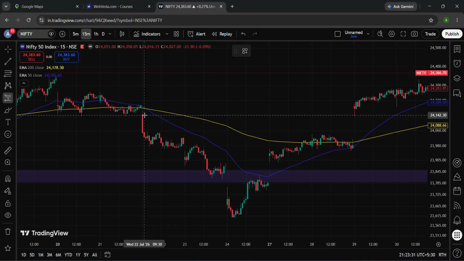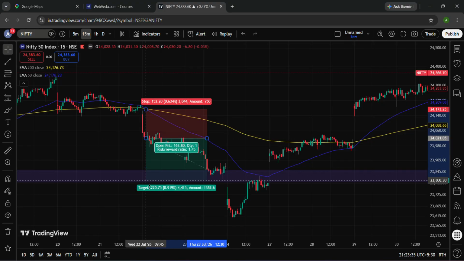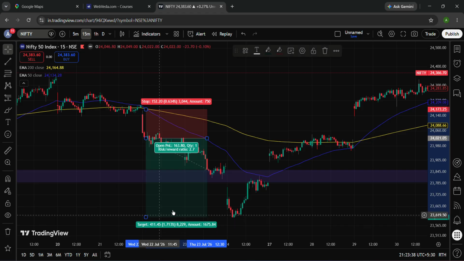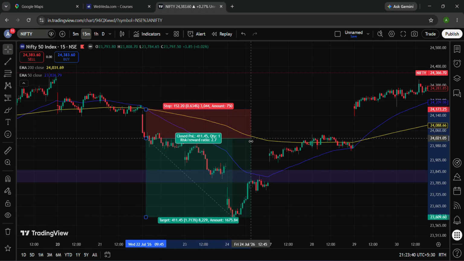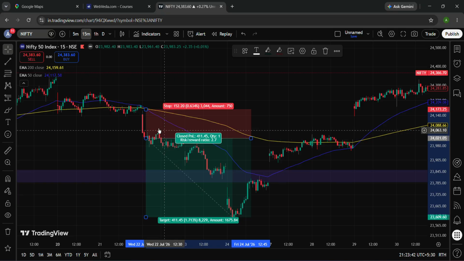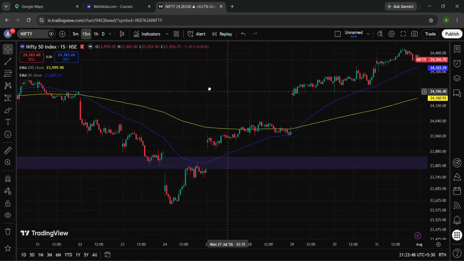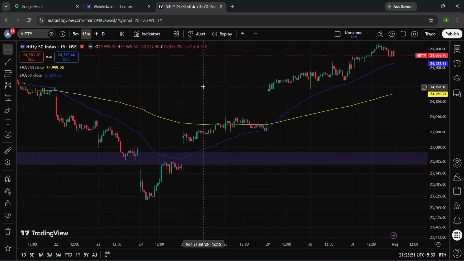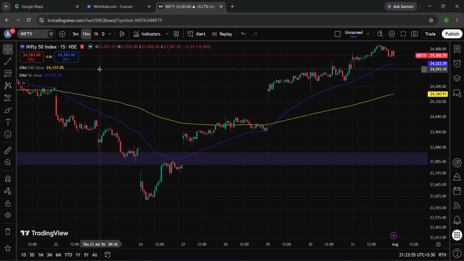Let's say you got your trade from here, and as you can see, the risk to reward ratio is approximately 2.7, which is not bad at all. That is how you can plan your trade on the golden ratio.